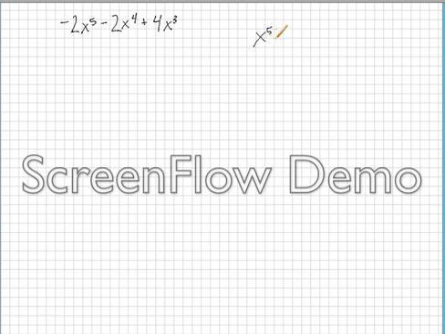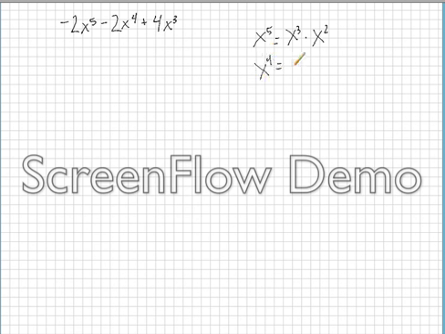X to the fifth is equal to, I'm going to break this down into the smallest degree of x times whatever's left. So x to the fifth is equal to x to the third, because that's my smallest degree of x in a term in my expression, times x squared.